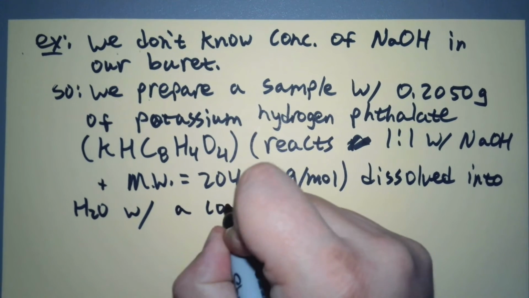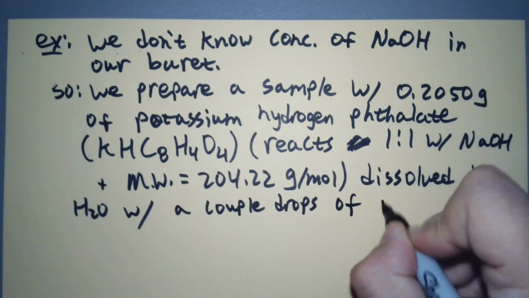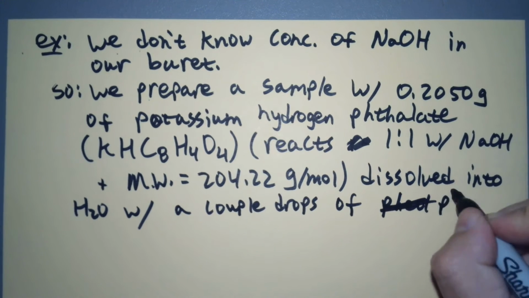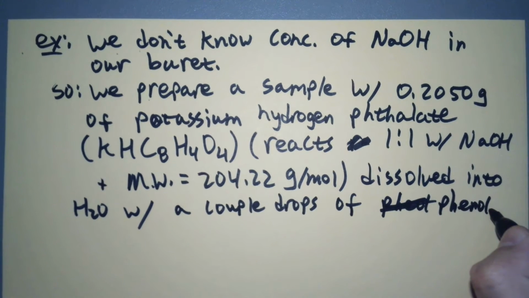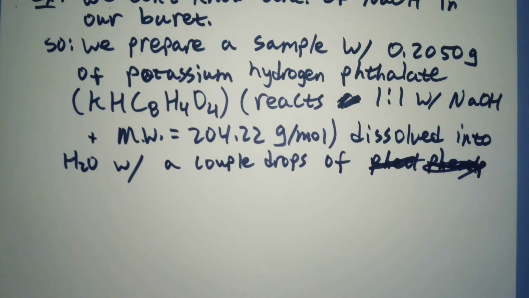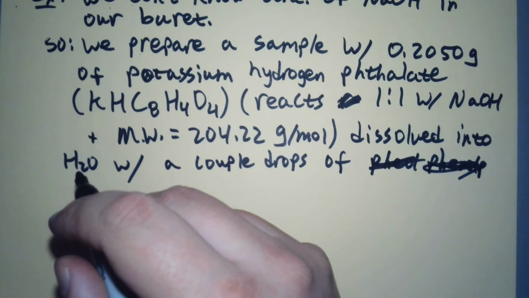With a couple drops of, man, I can't spell, phenolphthalein. Alright, you know what? I need to go to the next line. That's a long word. That's always good when the problem takes up the entire paper. Why not? Or actually, we'll be general.